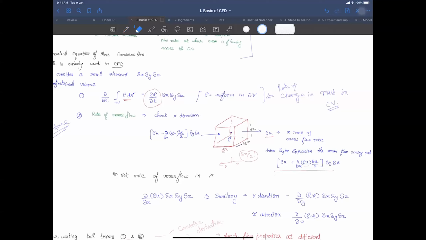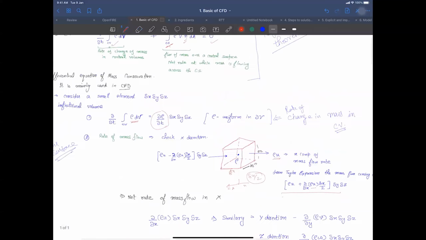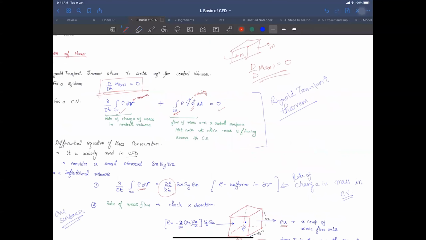Similarly, in the negative x direction, it is rho u minus d over dx of rho u times delta x by 2, multiplied by the area delta y delta z, the area of this surface, because the second term is for surface area.